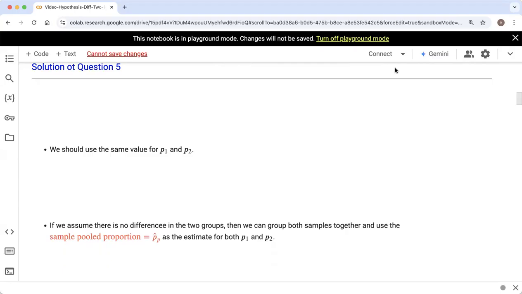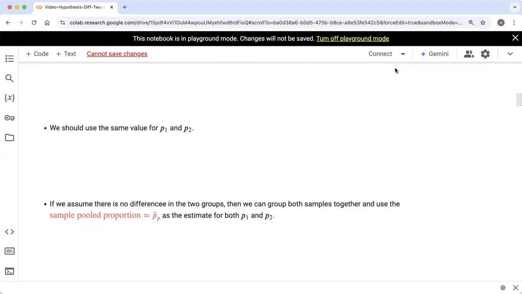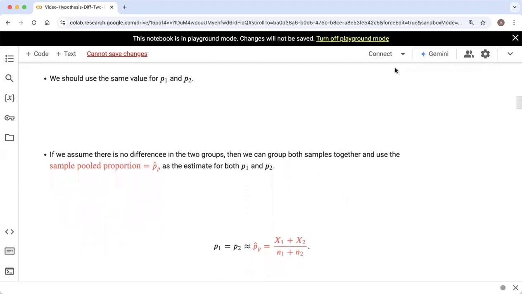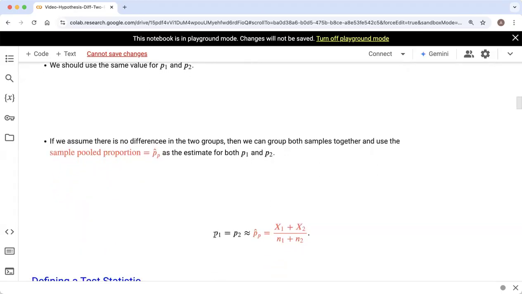So now we're going to use the same estimate for P1 and P2 when we calculate the standard error for this distribution of the difference in two sample proportions. The estimate for P1 and P2 is going to be this pooled sample proportion that we get by grouping together. X1 would be the total number of successes. In this case, a success might be a bad thing, such as the children from the first sample that got an ear infection.